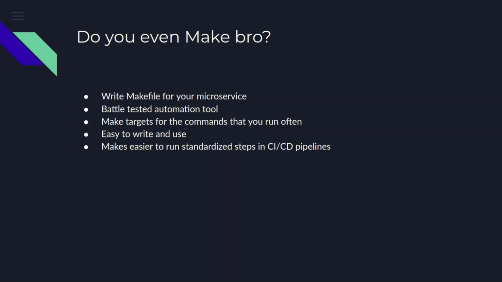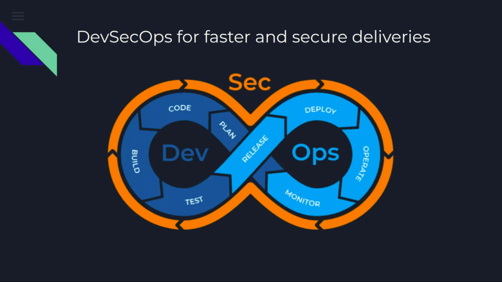It's used in most of the open source toolchains and open source projects, because it makes automation easier. You define targets, and then use those targets to execute some commands, and it is an easier way to standardize those automation steps in CI/CD pipelines, because you can execute a target, and the pipelines don't have to be changed if you want to change the behavior of the actual steps.